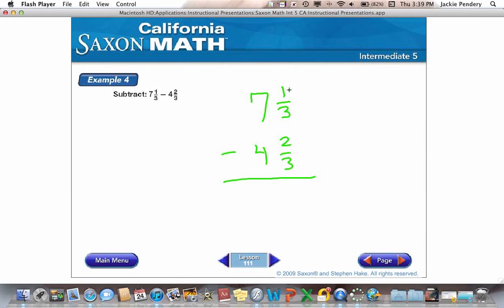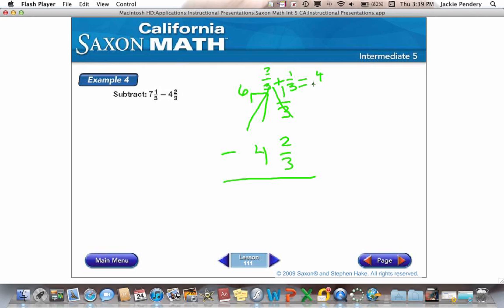Okay, we look at our fraction first. 1/3 minus 2/3. I can't do that, it doesn't work. So I need to borrow from the 7. It becomes a 6. And I'm borrowing 3/3. So this 1/3 becomes 3/3 that I borrowed, because I borrowed 1 whole, plus 1/3 that I already have.